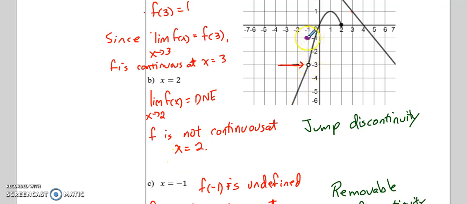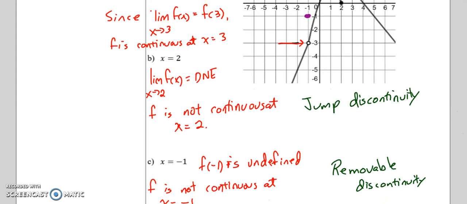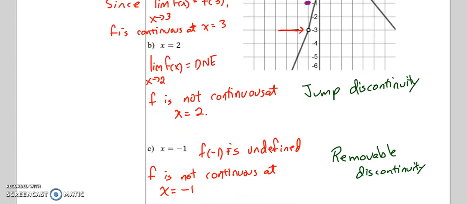The function value would then exist up here. The limit would be here, but they're not equal. That would not be a continuous function at that point. So when we talk about continuity at a point, that's what we typically look for.